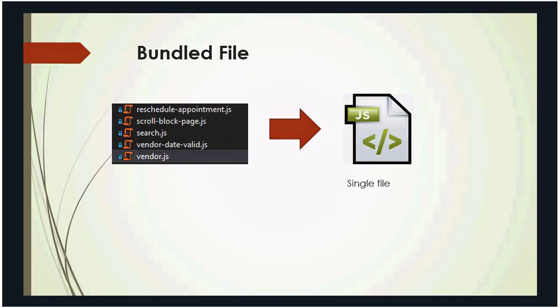In most cases, all dependencies' code, and that creates the issue. Why deliver the vendor date valid.js on a page where this file will not be required, or why deliver the reschedule appointment file in a page that does not contain this feature? That will just send unnecessary extra bytes to the client.